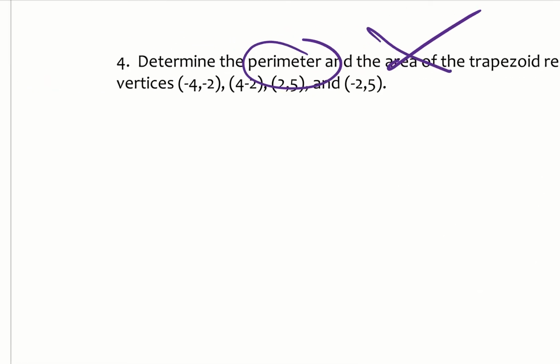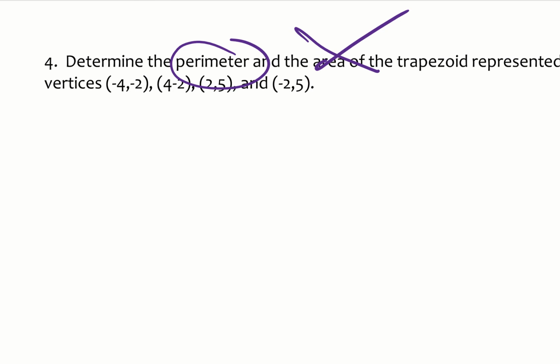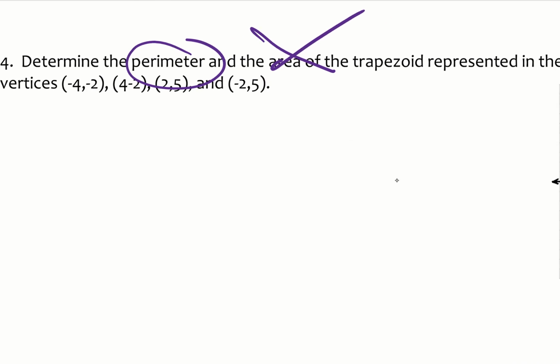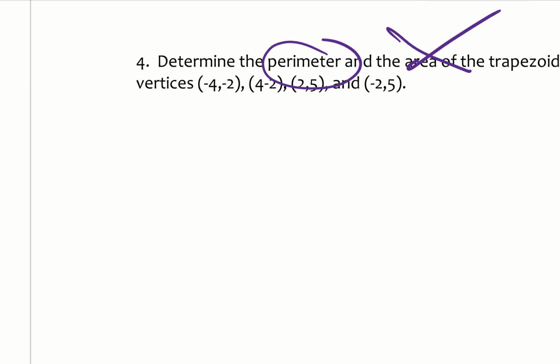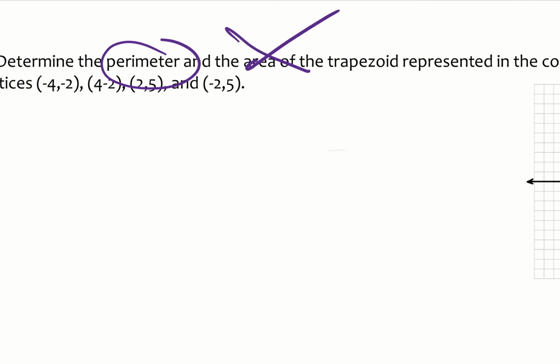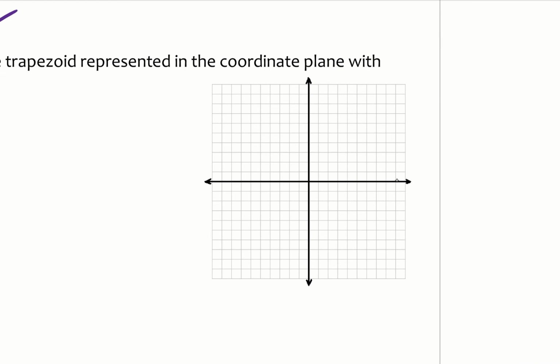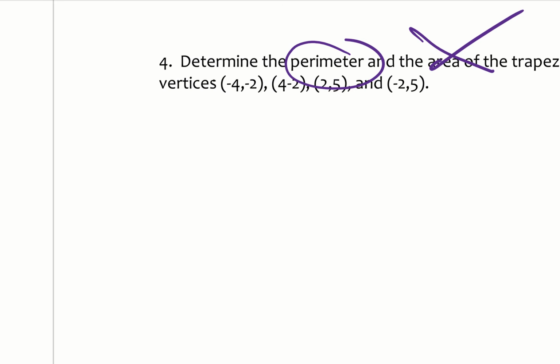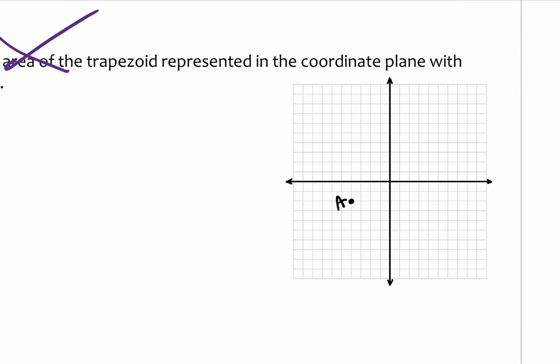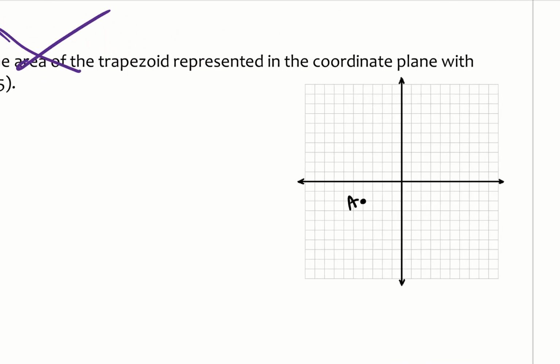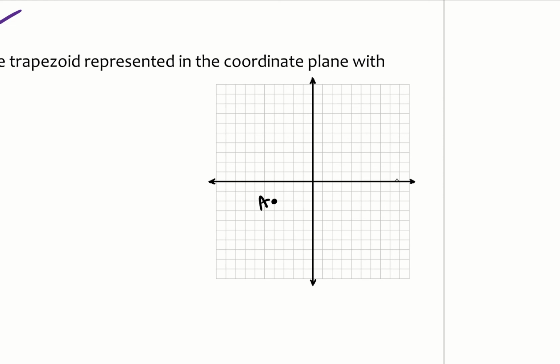All right, so for number 4, we are focusing on determining the perimeter, not the area, just the perimeter of the trapezoid represented in the coordinate plane with vertices -4, -2, and so on. Let's go ahead and graph it first. We'll call that A, and depending on how the other ones are laid out, we'll label them accordingly.